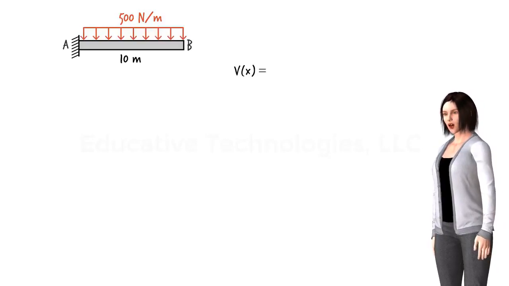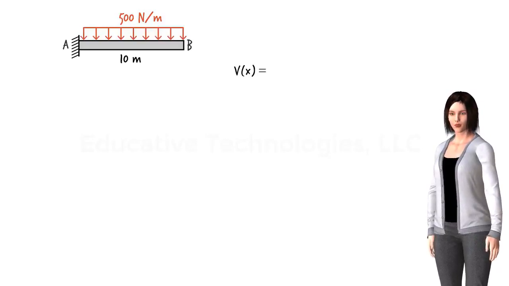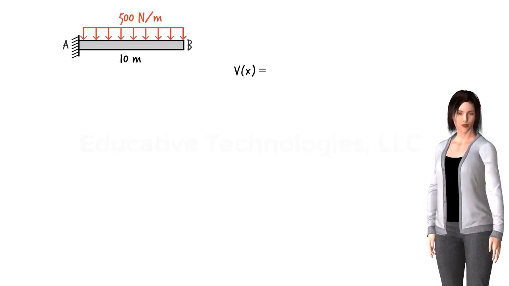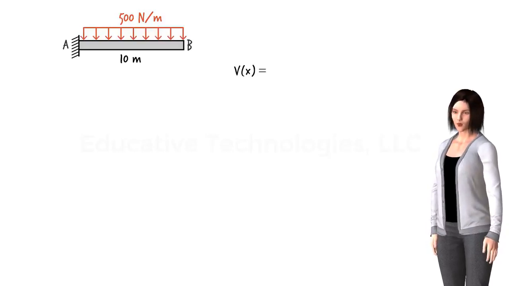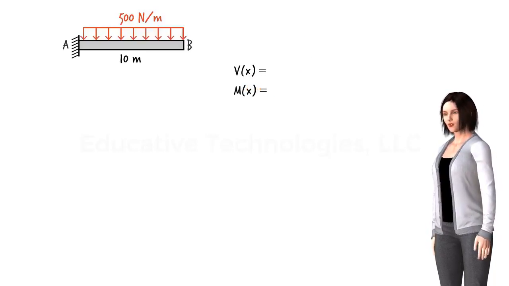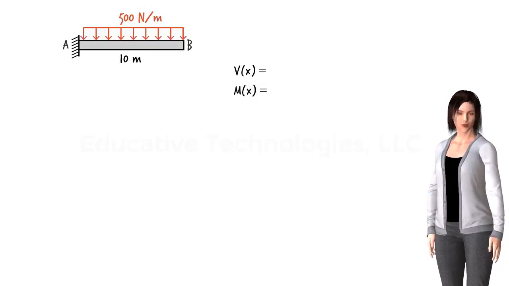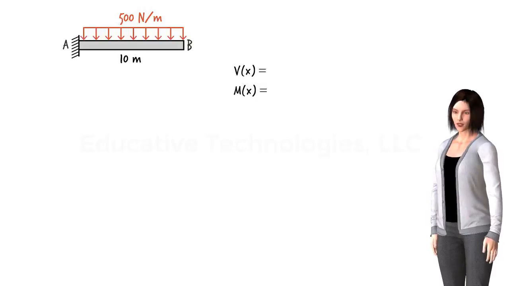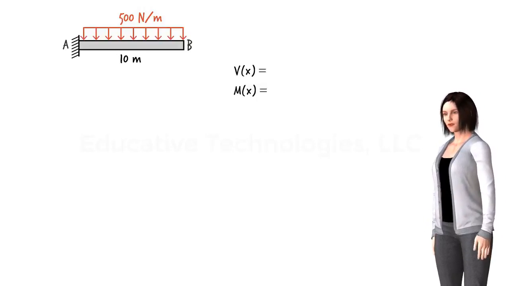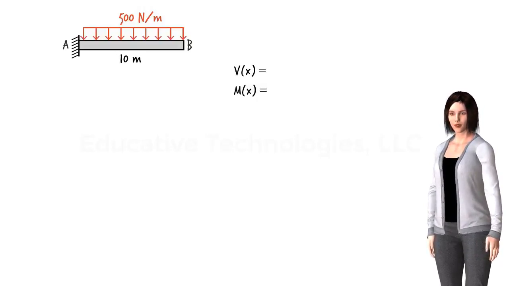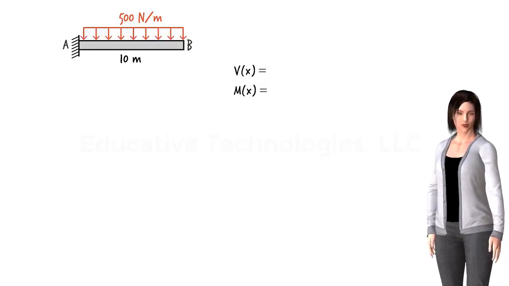When I substitute a value for x in the equation, it gives me the value of shear at that point. I also want to write a similar equation for bending moment, which can then be used to calculate internal moment at a desired point. In other words, I'm interested in representing shear and moment algebraically. To do this, let's find the support reactions.